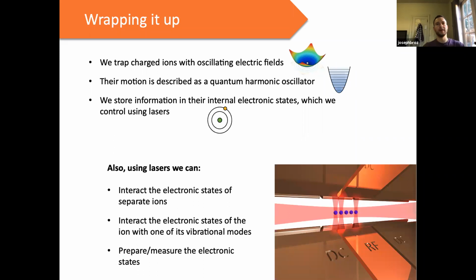Some things that maybe I didn't mention explicitly: we can also use lasers to interact with the electronic states of separate ions, so we can entangle two ions together using a combination of lasers. We can interact the electronic states of the ion with one of its vibrational modes, so we can have an entanglement between a qubit and a phonon, or a harmonic oscillator if you want. And we also use lasers to prepare and measure the electronic states.